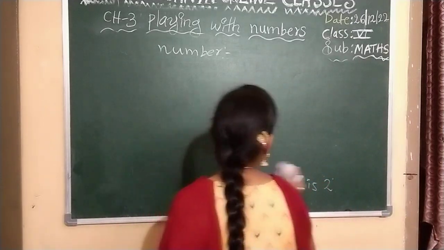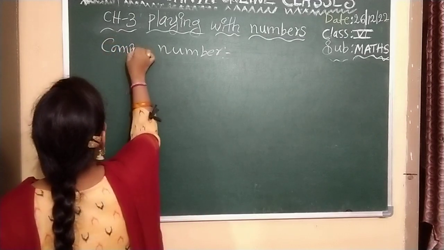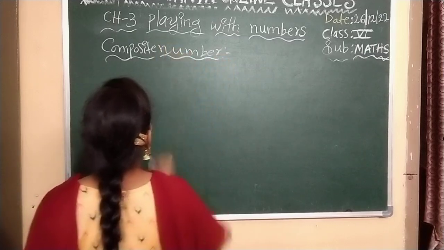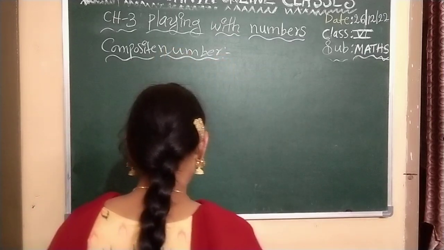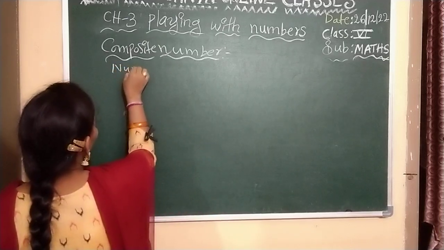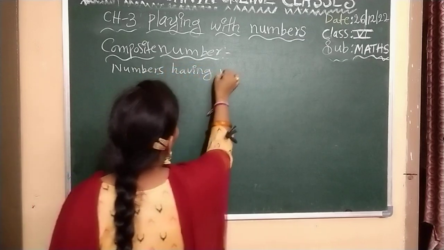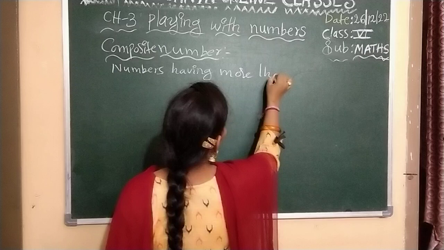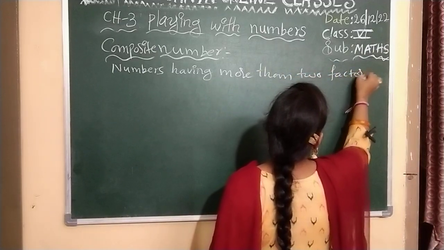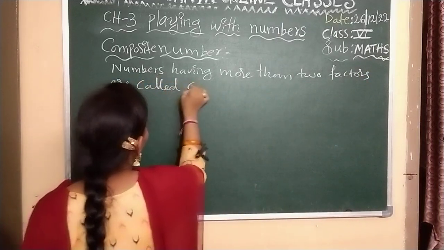Composite numbers: numbers having more than 2 factors are called composite numbers.